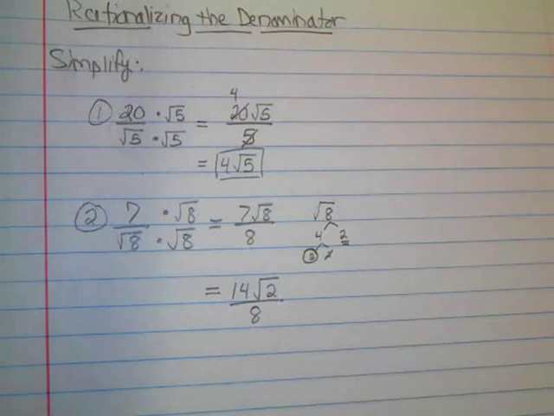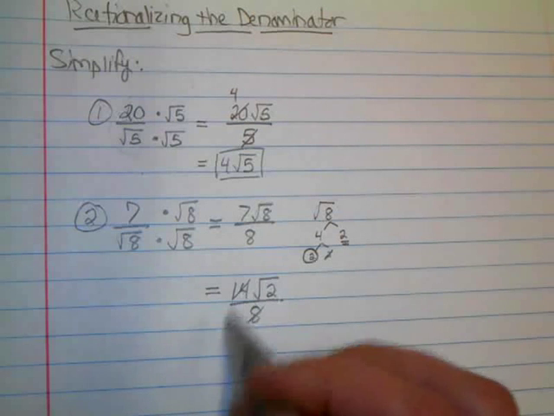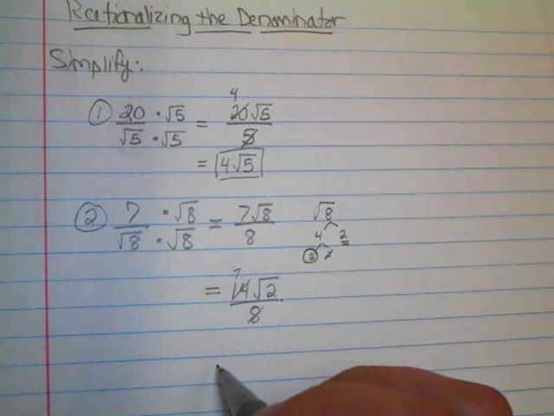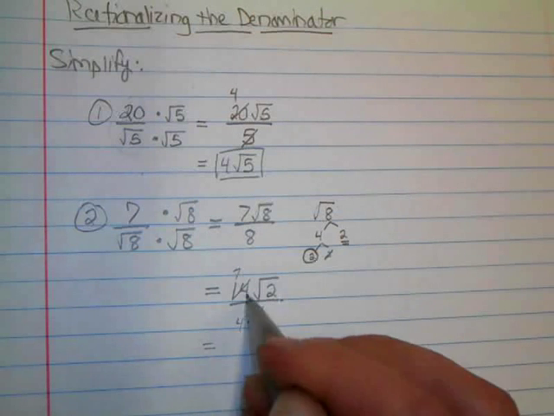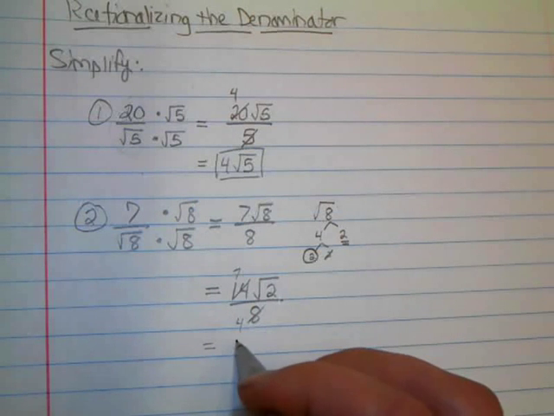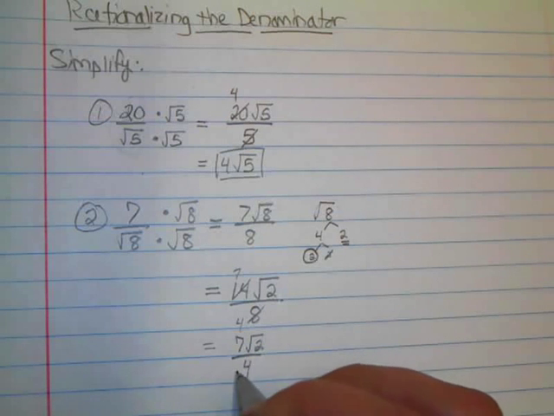Now, 14 and 8 can reduce. Both of those are divisible by 2. 2 goes into 14 7 times. 2 goes into 8 4 times. So my fraction can be written as 7 times the square root of 2 over 4.